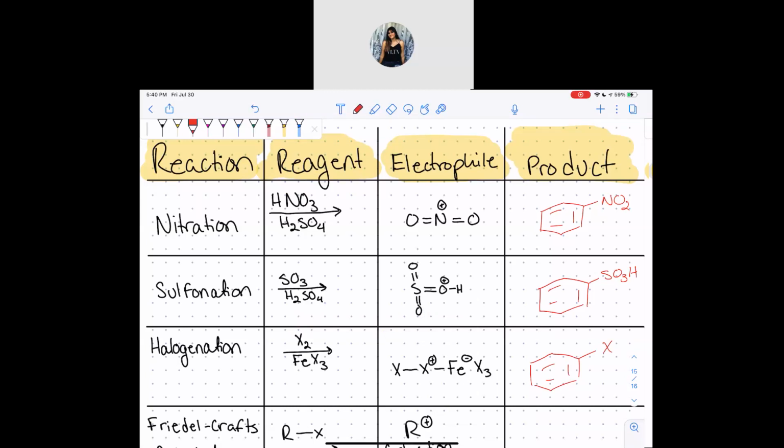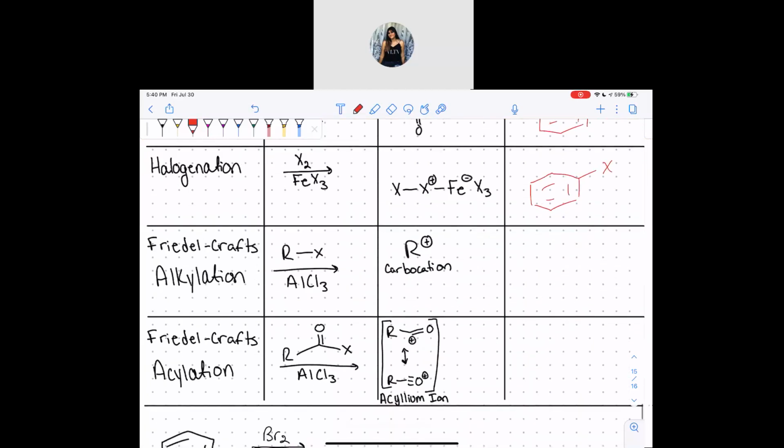acid, things like that. The ones that are a little bit different are Friedel-Crafts. And so the reason Friedel-Crafts are a little bit different is, one, you always know it's a Friedel-Crafts reaction if it has AlCl3. That's only for Friedel-Crafts. Now, Friedel-Crafts alkylation has a carbocation as the electrophile, so we have to watch out for rearrangements.